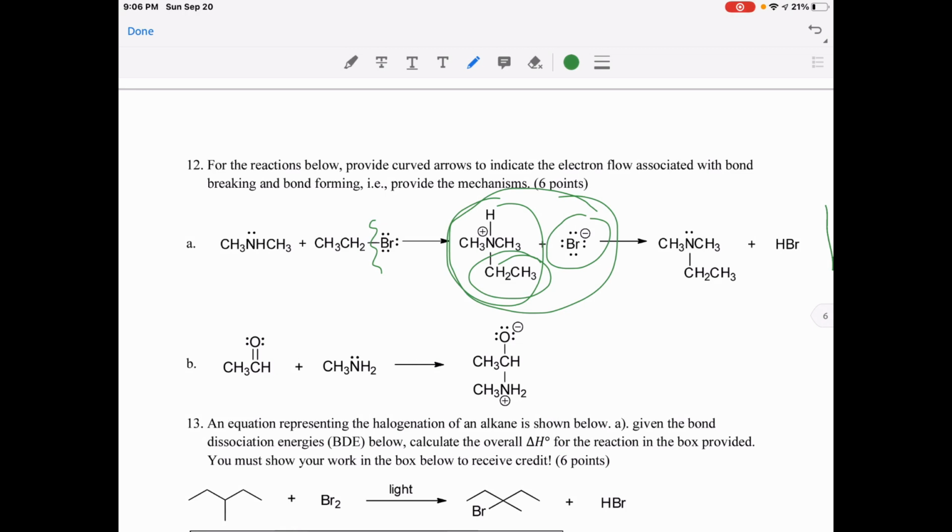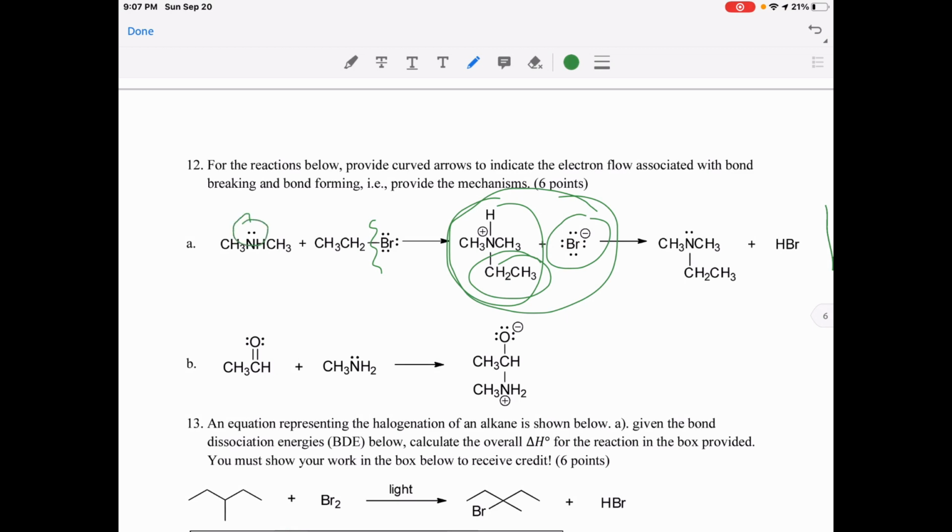So that means that there was a bond formation, right? So at one point a pair of electrons came from this reagent to this reagent and it formed a bond. So now we have an idea of what direction the electron flow went.